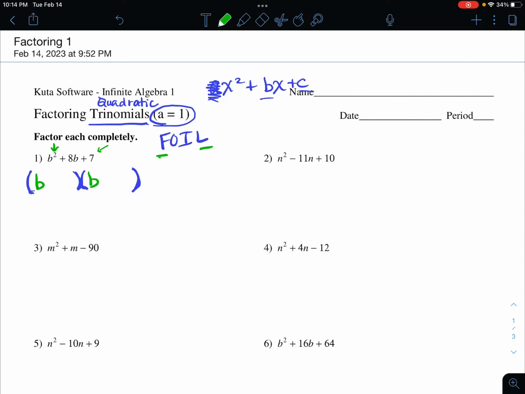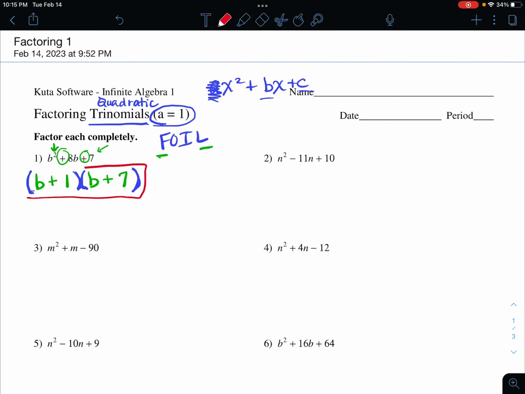Now this one's a pretty simple one because 7 happens to be prime and I only have one choice. 1 times 7 is 7. So I know that 1 and 7, or you could put 7 and 1, is going to give me 7. Please notice how everything is positive in this problem, so I know that it's going to be b plus 1 and b plus 7.